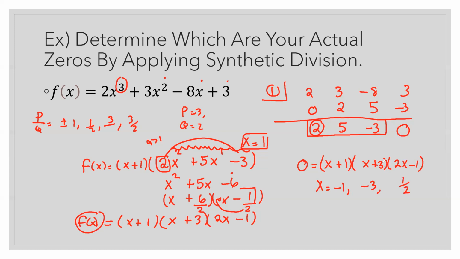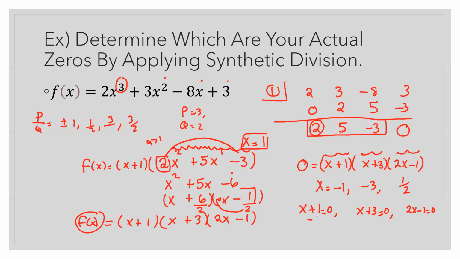So how did I get these? What I did was I literally set each factor to 0. Some people can do it in their head, since it is sometimes simple enough. So for the first one, x minus 1 equals 0, x plus 3 equals 0, and then 2x minus 1 equals 0. And then you literally solve for x.